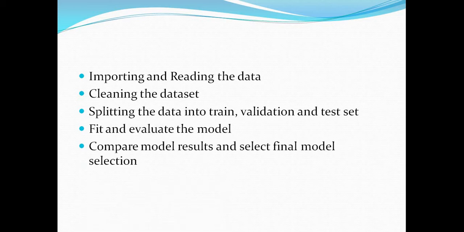We are going to compare those models and select the final model which gives us the best result. For this purpose, we are going to use the following models: logistic regression, support vector machine, multi-layer perceptron, boosting, and random forest.